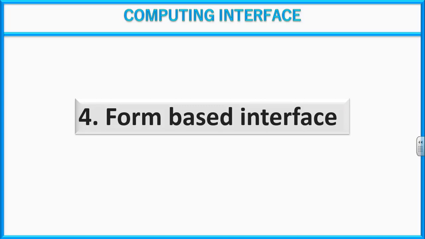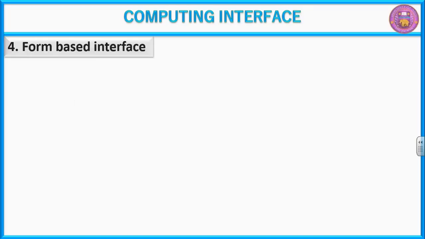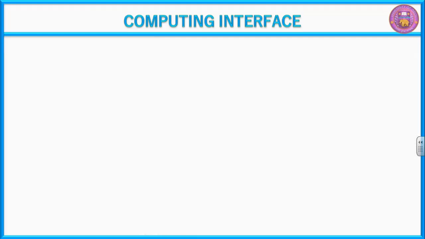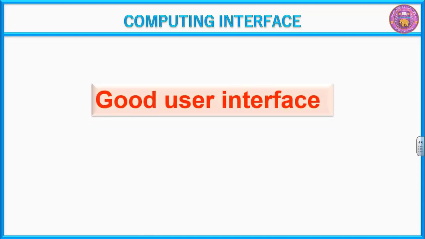The next one is form-based interface. Again, this is a part of graphical user interface. Here you are given one particular form and you can fill up the required information. You can interact with the computer through this form. Now, what is a good user interface?